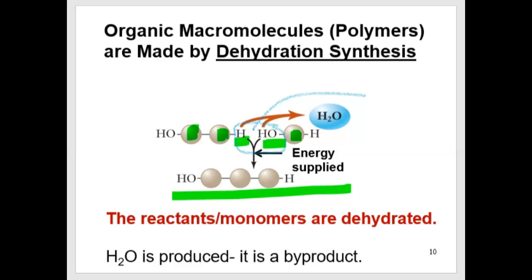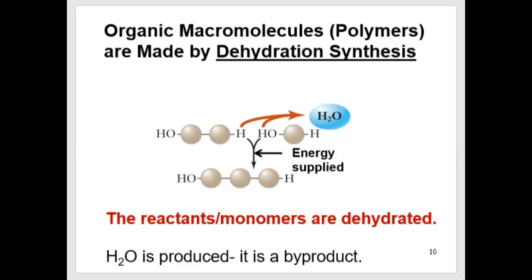It doesn't have as much water. So we call this dehydration synthesis, and water is a byproduct. All of the organic macromolecules, carbohydrates, proteins, lipids, nucleic acids, are made in this manner by dehydrating the reactants, taking water out of the reactants.